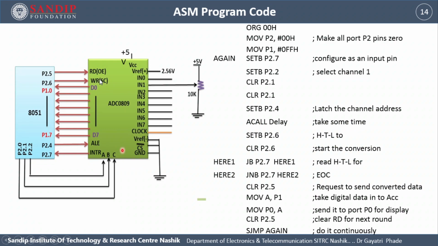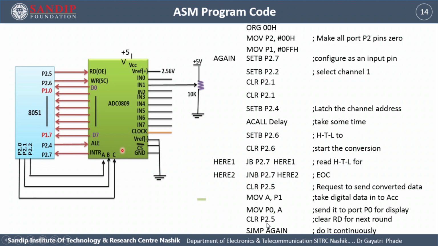Then the ADC makes that converted data available on the D0 to D7 pins. The role of the microcontroller is to collect that data from the port into the accumulator, so we have written MOV A, P1. And from the accumulator we can display it on another port, sending it to port 0.